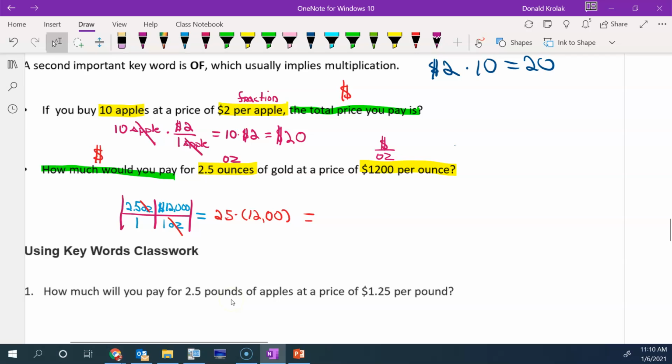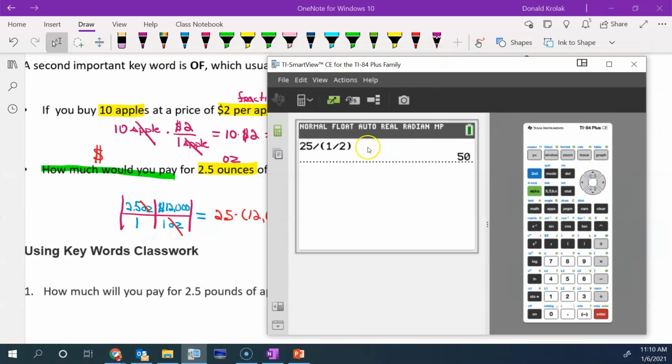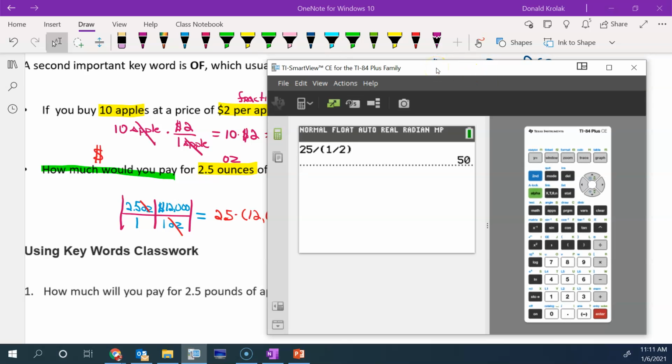So I use the labels to figure out how to solve the problem. I don't know whether I should multiply or divide. The labels will tell me what to do by understanding how I set them up. And right now, we're doing really simple problems. Later on, there'll be like 4 or 5 of these in a row that you're going to be using to convert from one to the other.